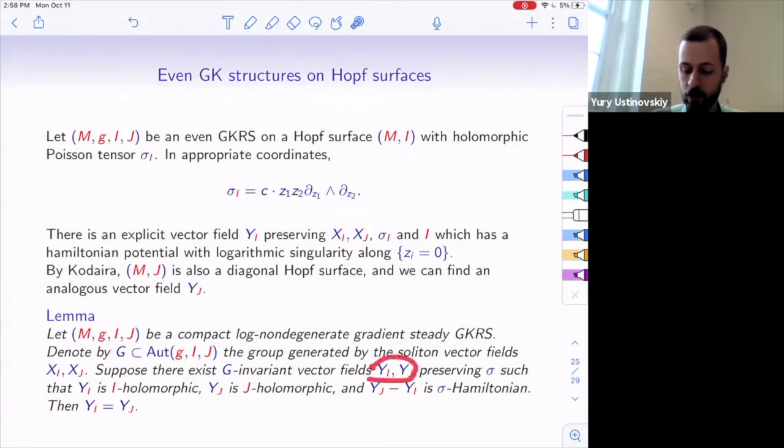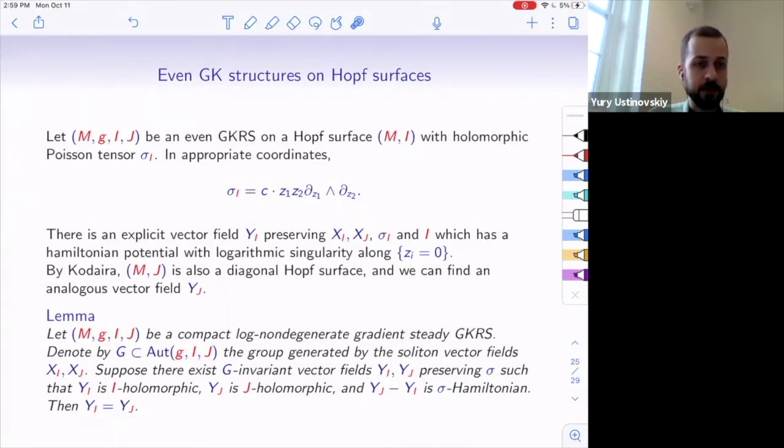And you have two vector fields commuting with this group G. They both preserve your Poisson tensor sigma, but they are also respectively I-holomorphic and J-holomorphic. And this is the key, their difference is Hamiltonian. So neither of them is Hamiltonian, they just preserve sigma, but their difference is Hamiltonian. If that is the case, then they must coincide with each other.